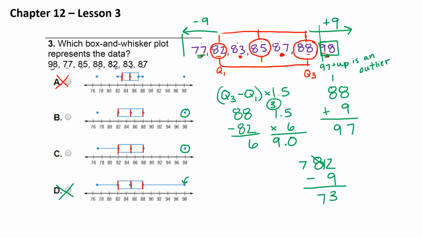So everything 73 or less is an outlier. Okay? So 77 is not an outlier. For B, they show it as an outlier. So B is not correct. For C, they show it as part of the whisker. 77 is part of the whisker. So that is okay. Answer choice C is correct.